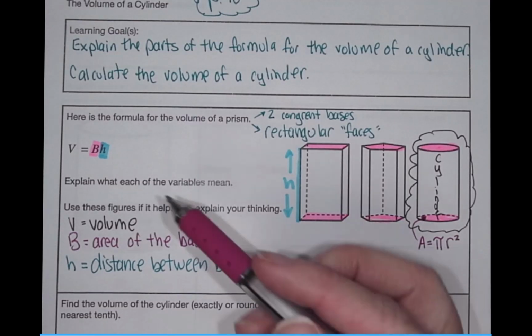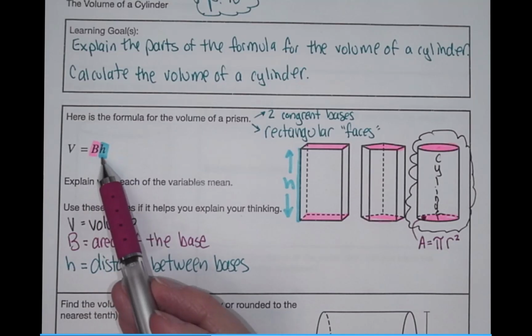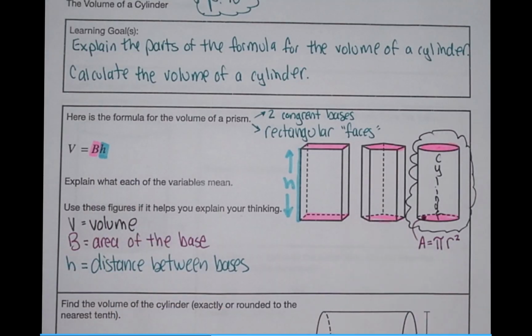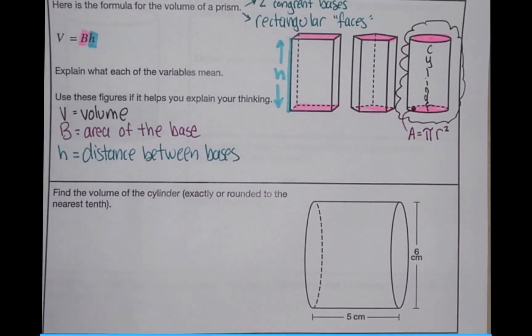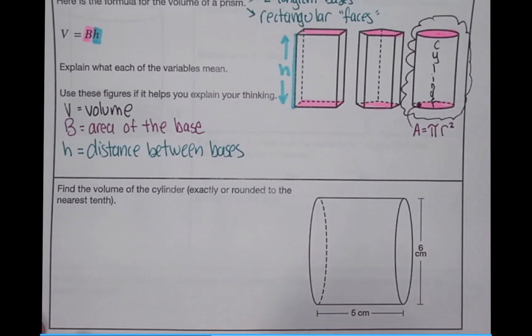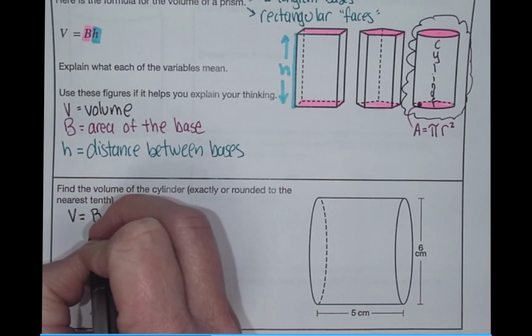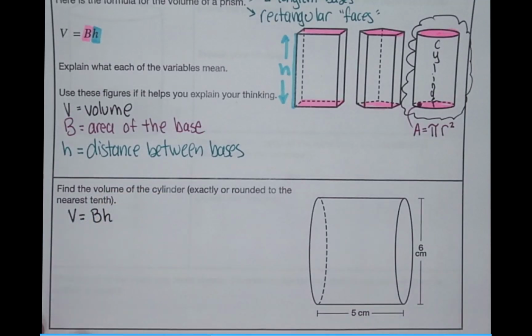So with that in mind, the volume of this cylinder is the area of the base times the height. Let's scooch up and actually calculate the volume of a cylinder. And I'm going to take the formula one step further. I think you'll see what happens here. So the volume is equal to the area of the base times the height.